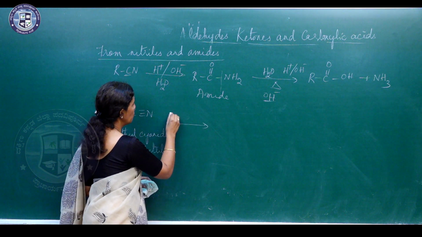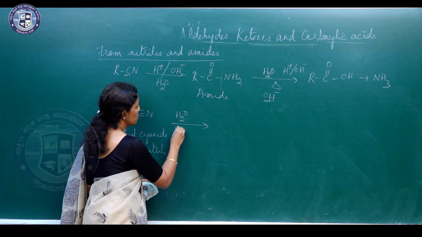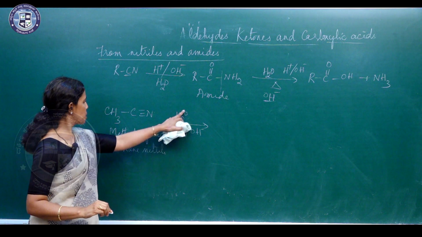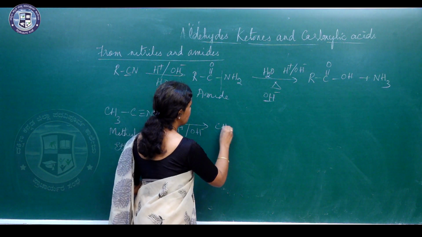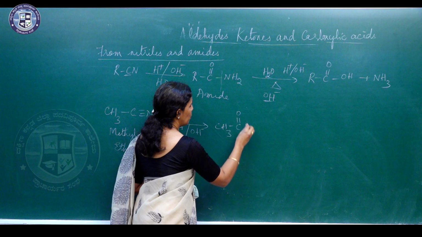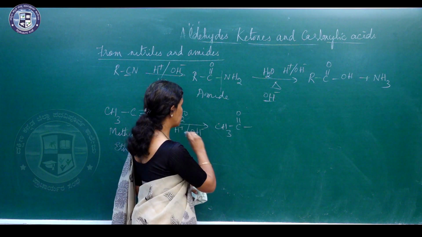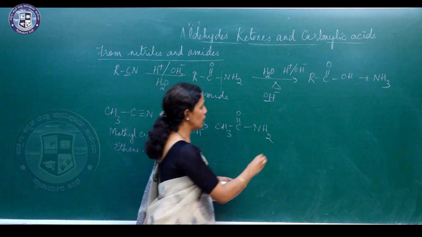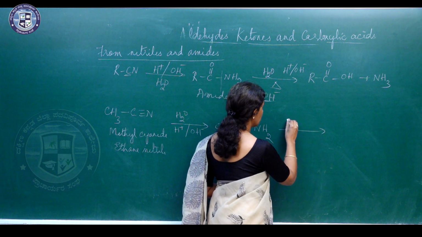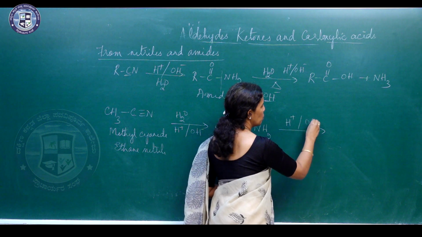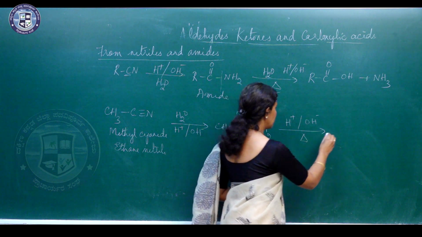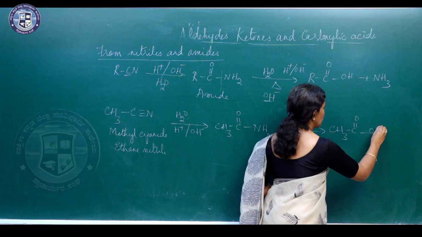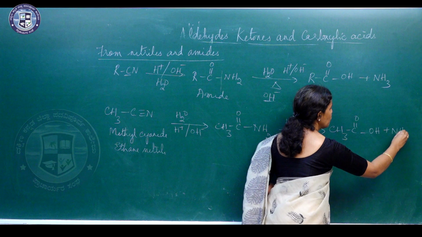So, subjected to hydrolysis in presence of H plus or OH minus, again oxygen will link to the carbon atom through a double bond, and two hydrogen atoms will link to the nitrogen atom to form NH2. So, then further hydrolyze it in presence of H plus, or it can be OH minus.